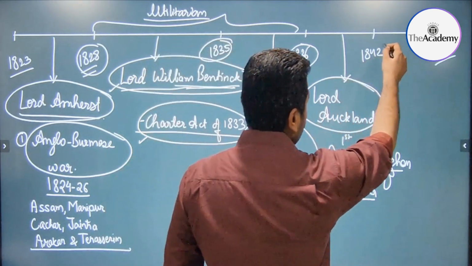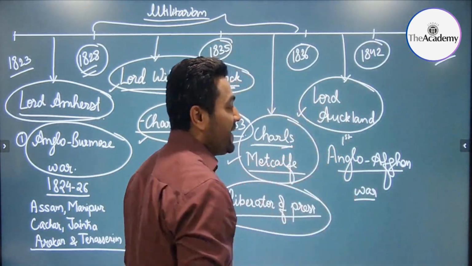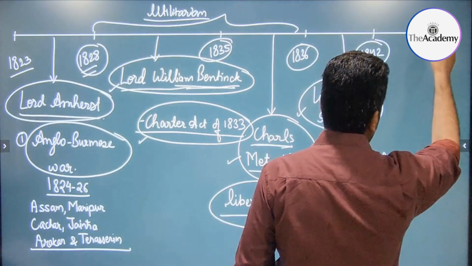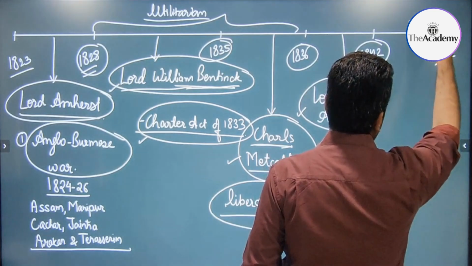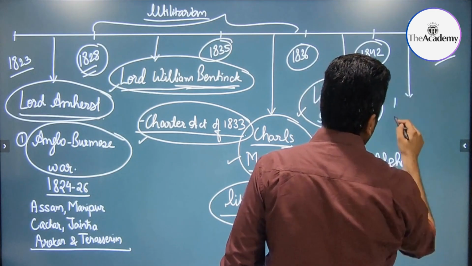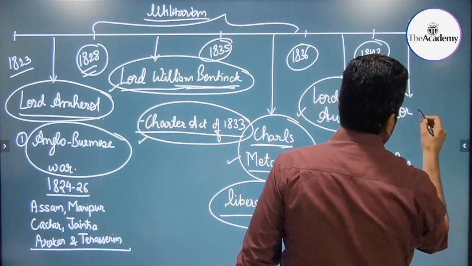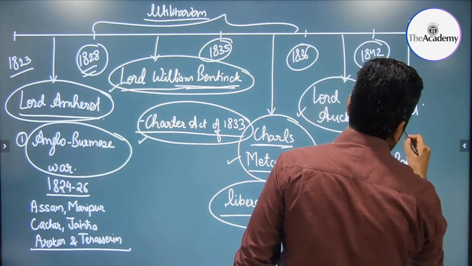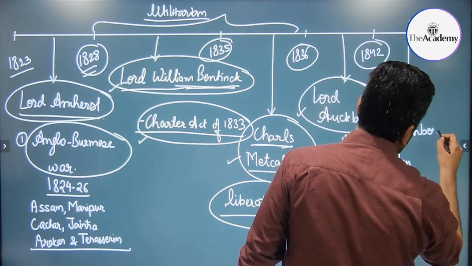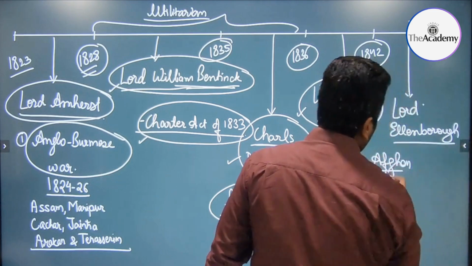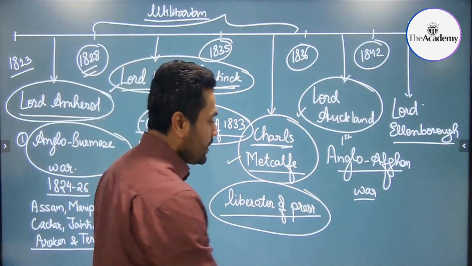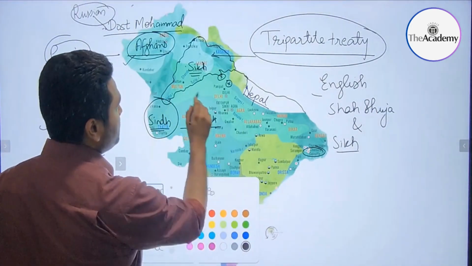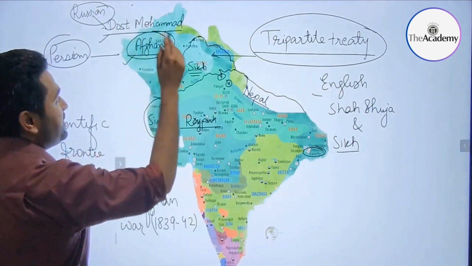And in 1842, Lord Auckland was called back and he was replaced by Ellenborough. When Lord Ellenborough came back to India, he realized that this entire expedition, the Anglo-Afghan war, had been a disaster.